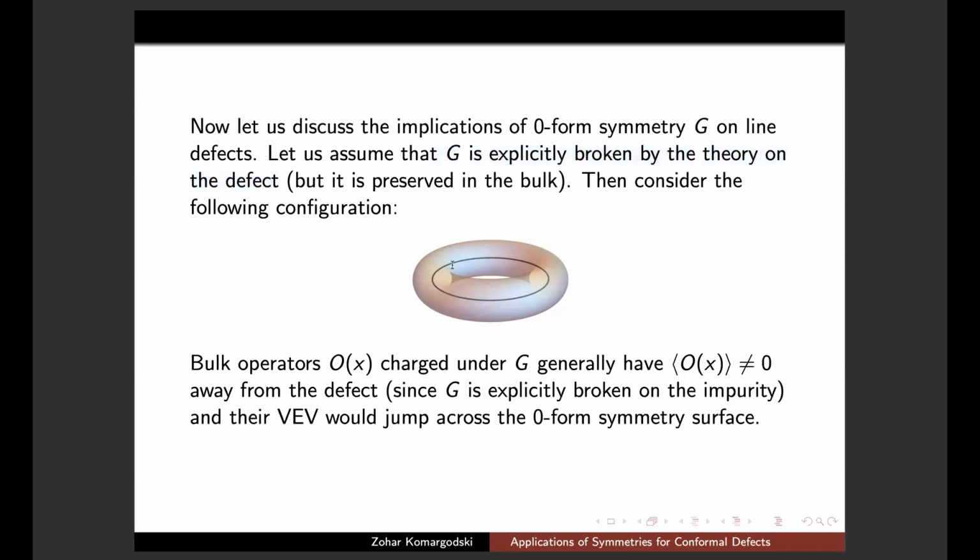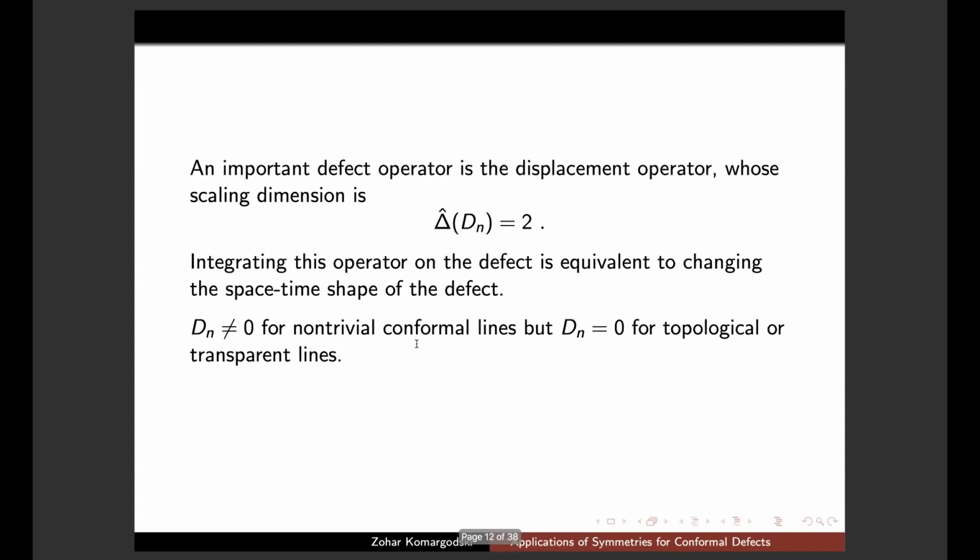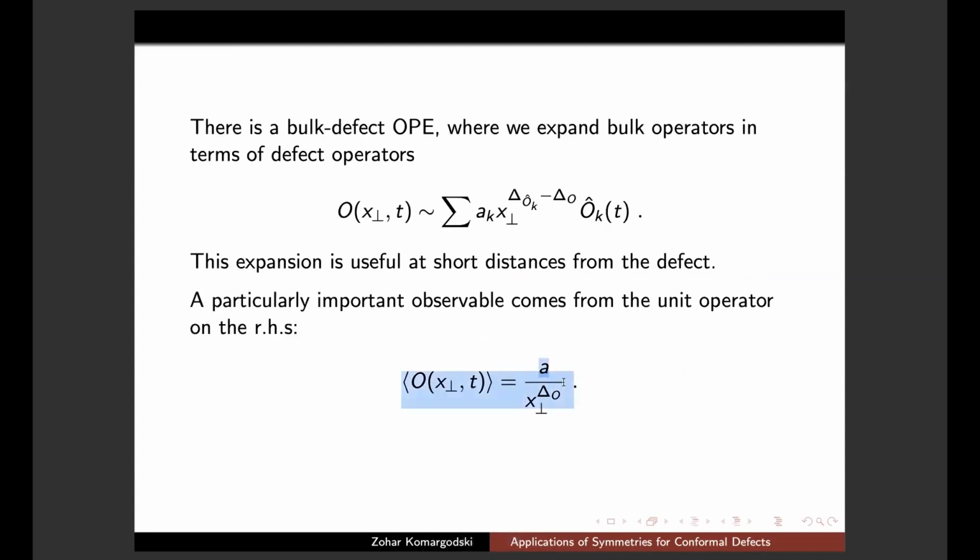So we can consider the following configuration to understand the consequences of an explicitly broken symmetry. We take the line operator, make a circle out of it, and wrap it with a zero-form surface, like this. So if the line operator breaks the symmetry G explicitly, we expect non-zero one-point functions for operators charged under G. This is like in one of the previous slides where we had one-point functions.